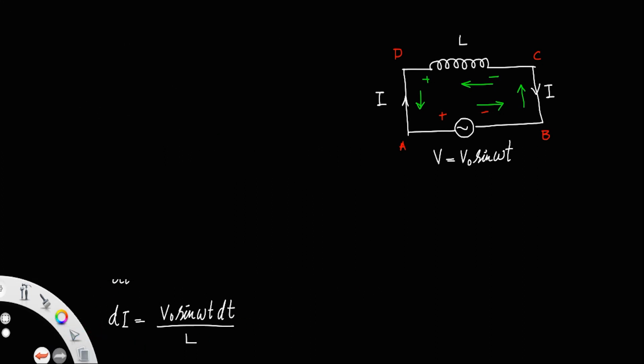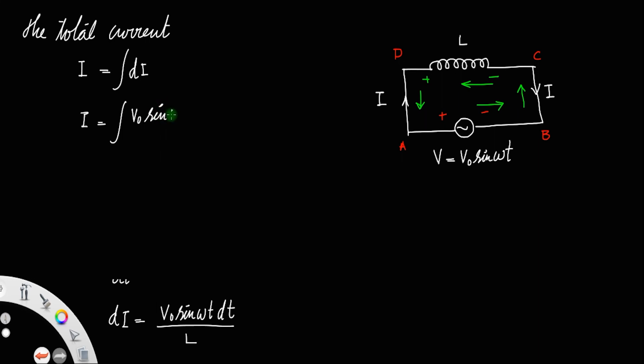Now to get the total current, that is, in order to get I, we have to integrate this equation. So integral di. So I is equal to integral of V0 sine omega t dt divided by L. We know V0, the peak EMF, and inductance are constant.